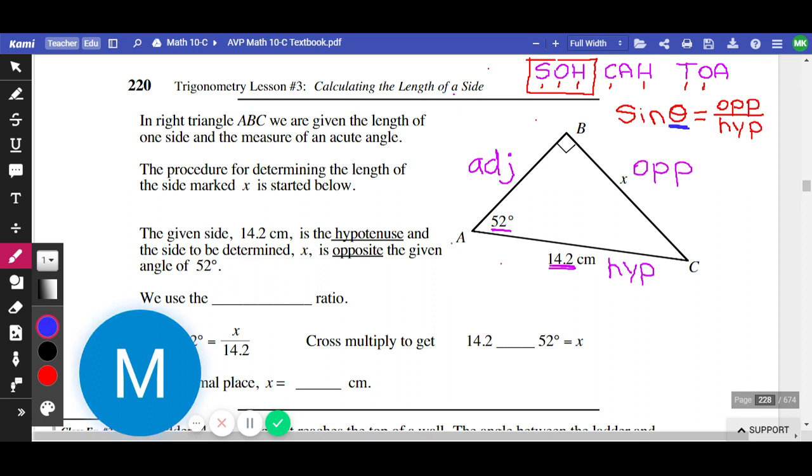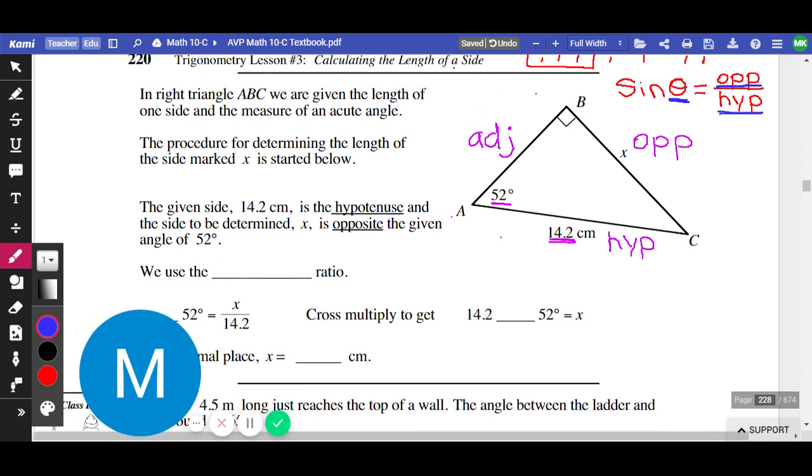So what we're going to do is replace the 3 things in this formula that we know. That's the angle, that's the opposite, and that's the hypotenuse. We're going to replace it with all the things we know. So to do this question, I'm going to have to just drop it down a little bit. Sine of an angle.